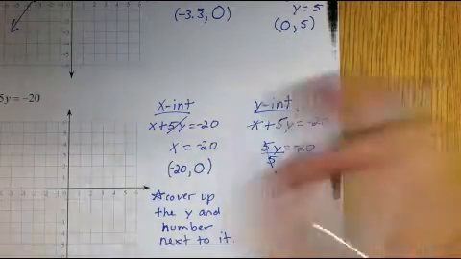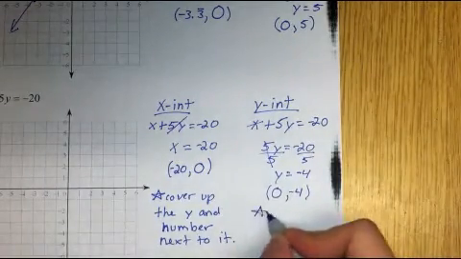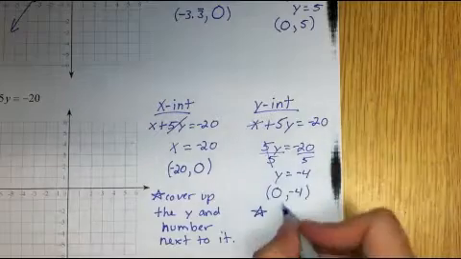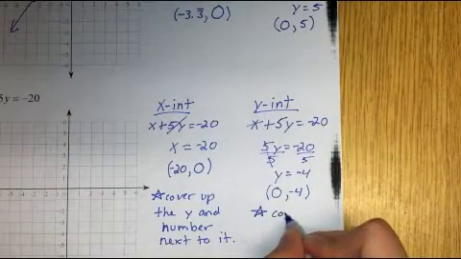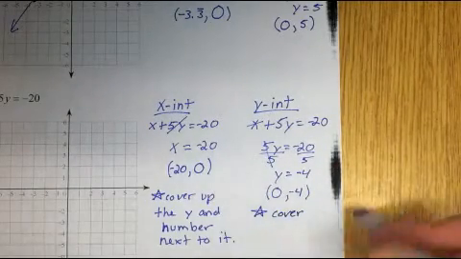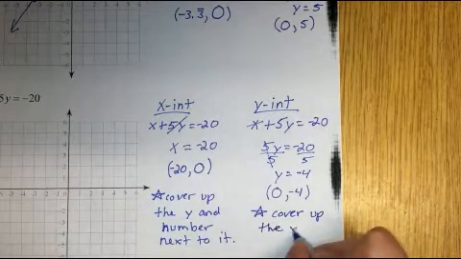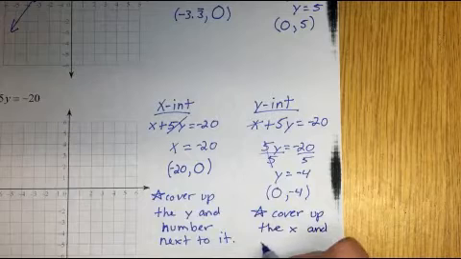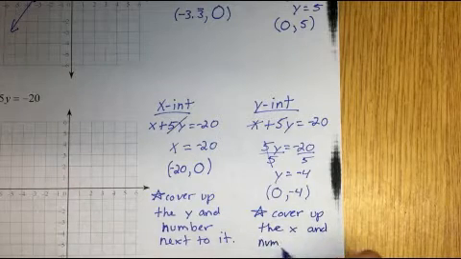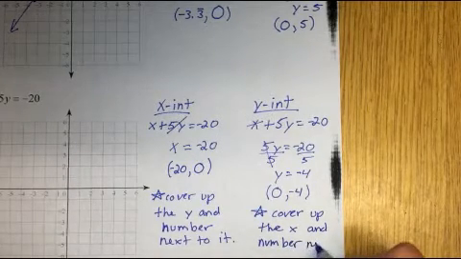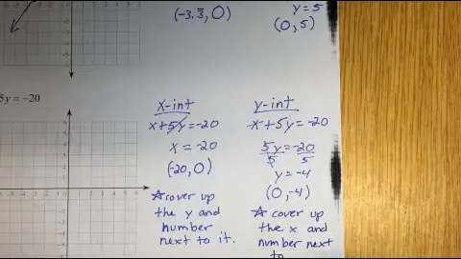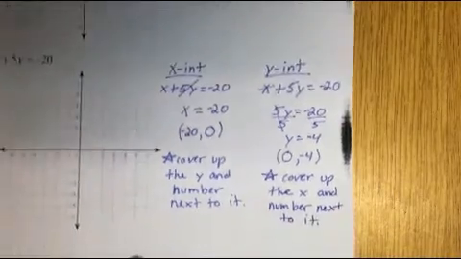You might be looking here, what's this rule again? Once again, just like before, you're just covering up the opposite term. So you're going to cover up the x and the number next to it. Pretty simple, right?